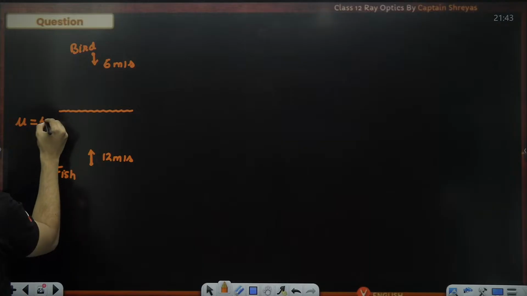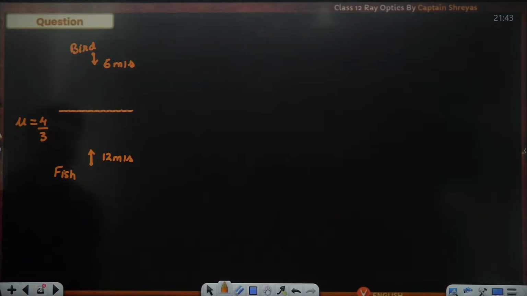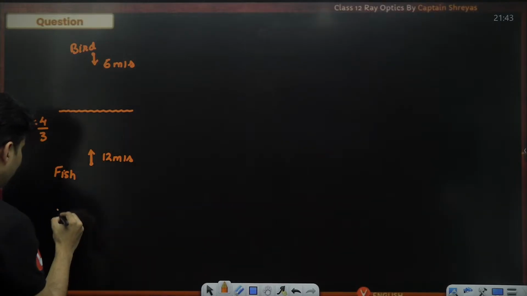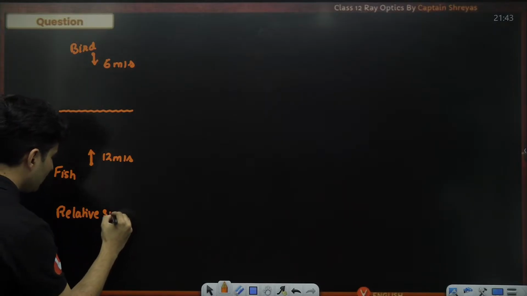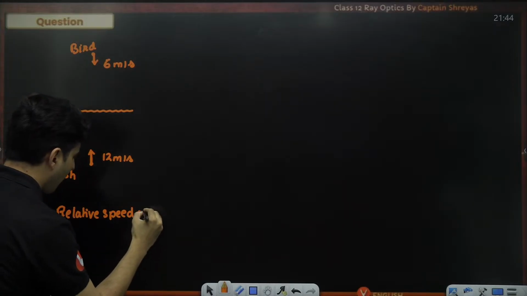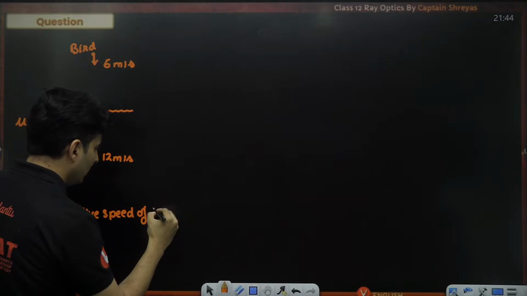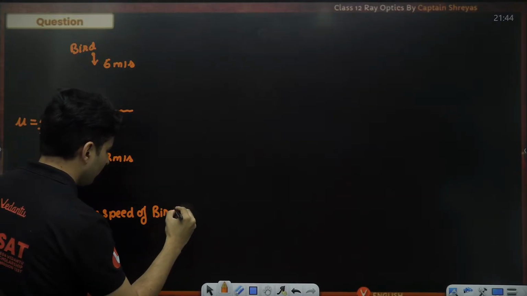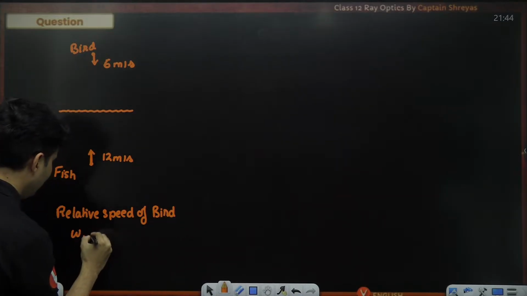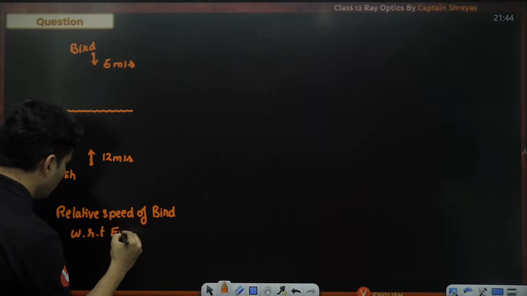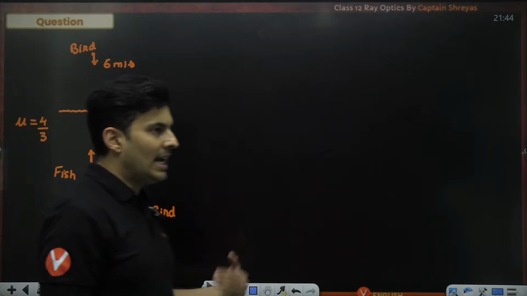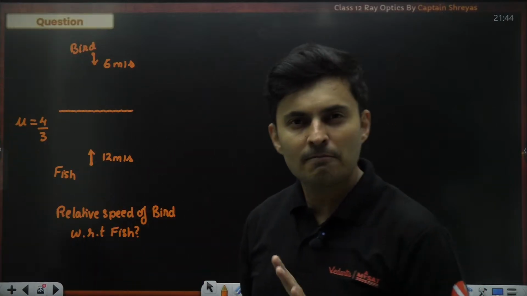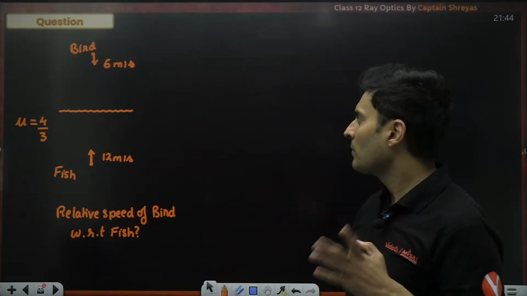Refractive index is 4 by 3. Question is, find the relative speed of the bird with respect to what the fish will see. Find the relative speed of the bird as seen by the fish.